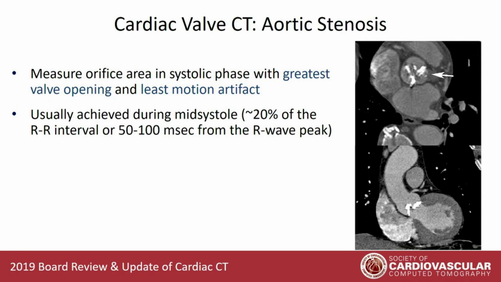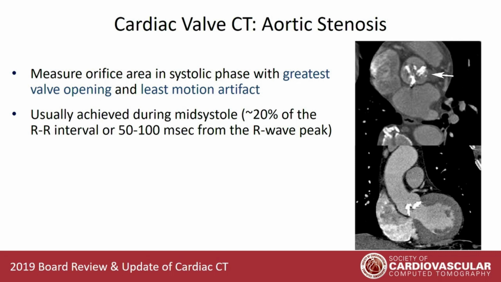So how do we do this? Again, from a technical standpoint, when we measure the orifice area in aortic stenosis cases, what we're looking for is the systolic phase with the greatest valve opening and the least motion artifact. And this is important because if you don't have adequate image quality to reproduce a measurement, then you honestly aren't going to be able to make an accurate measurement time and time again.